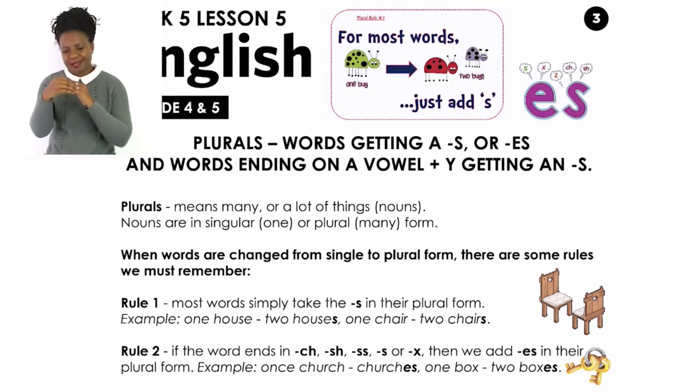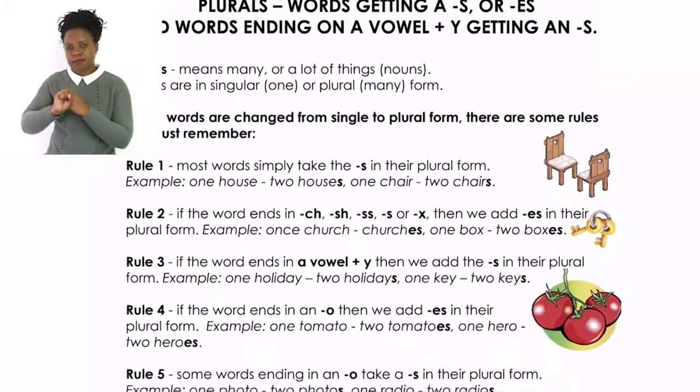Rule number 2, if the word ends in CH, SH, double S or SS, or S, or X, then we add ES. This is simple. Let's look at the examples.